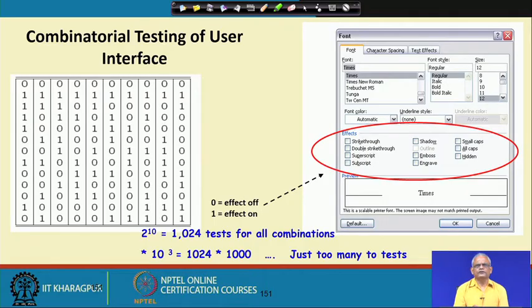In the motivation for pairwise test cases, we just take the same example that we were discussing earlier, that we consider the font in a word processing software, and the user has to choose the specific font to be used, the style to be used, and the size of the font, and also can use these check boxes to indicate whether it should be a strike through, double strike through, superscript, subscript, and so on.